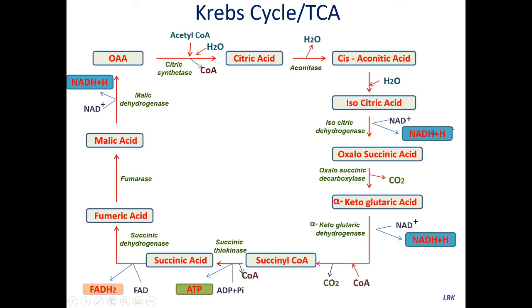These are reduced forms, and during the electron transport system, which occurs on the mitochondrial inner membrane, these energy-rich compounds undergo oxidation. They give electrons and protons to oxygen, which is the ultimate acceptor of these electrons and protons.